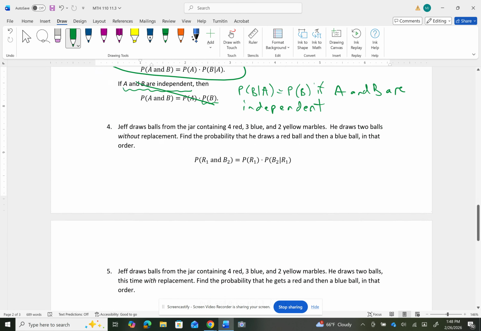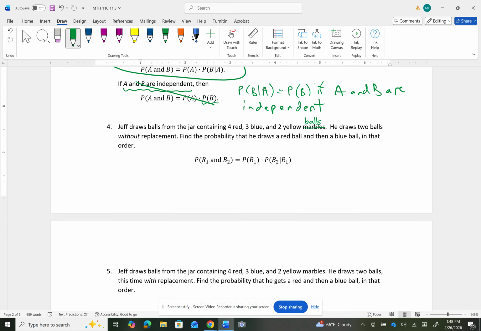So here we have marbles or balls, it says, in a jar. I use balls in one place and marbles in the other, so let's just think of them as little balls in a jar. We have 4 red, 3 blue, 2 yellow balls.